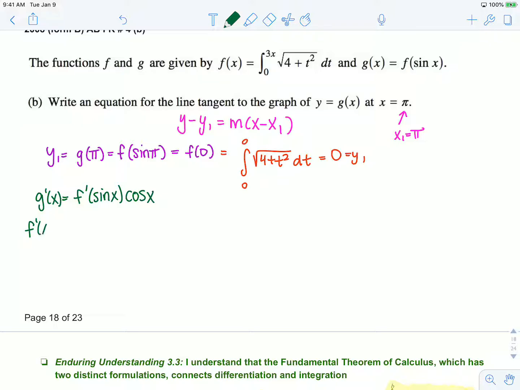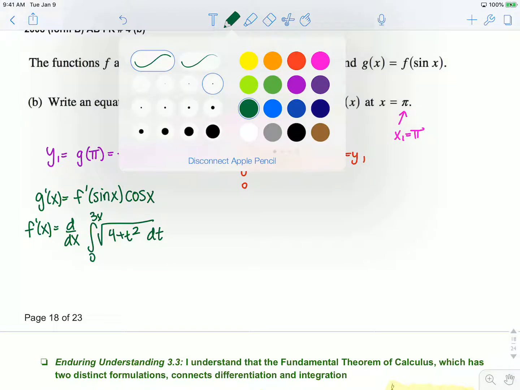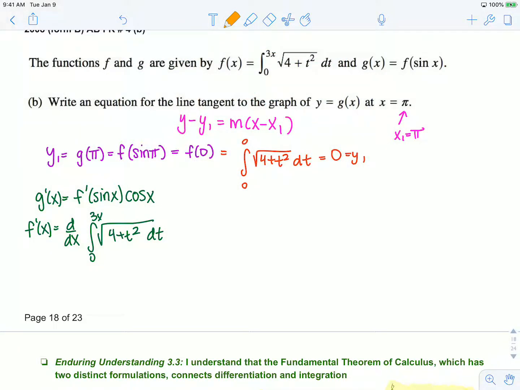So f prime of x is the derivative with respect to x of this accumulation function. So we're going to use FTC part 2 with chain rule. Plugging in 3x, we get 9x squared multiplied by its derivative, which is 3.